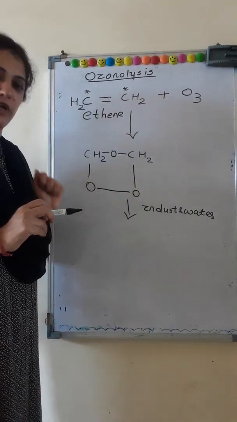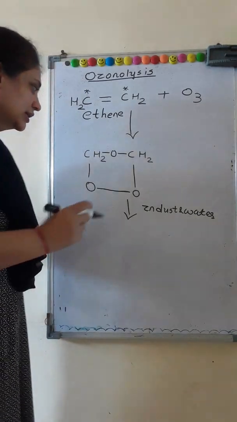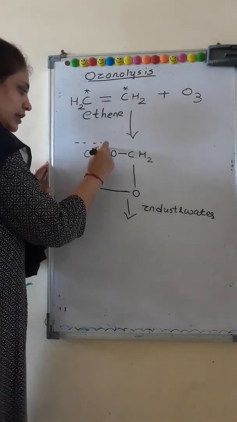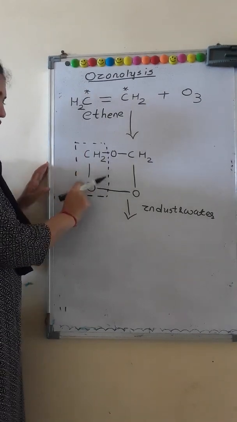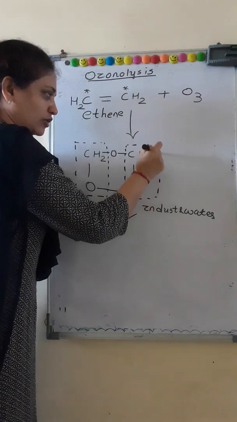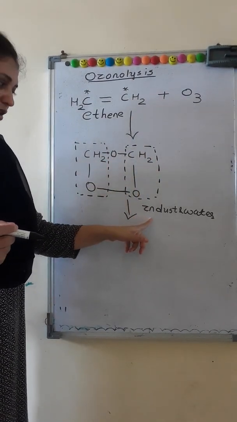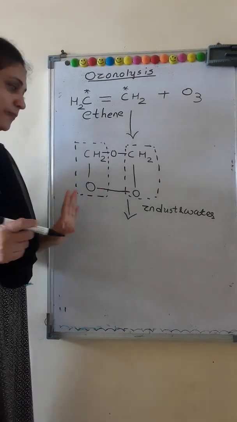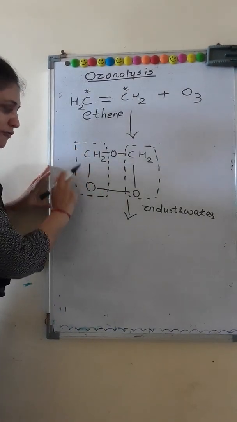This is the triozonide. When further reacted with zinc dust and water, it breaks down in this form. Carbon bonded to one oxygen, carbon bonded to another oxygen, and this particular oxygen combines with zinc dust to form ZnO. So we get a rearrangement of bonds.